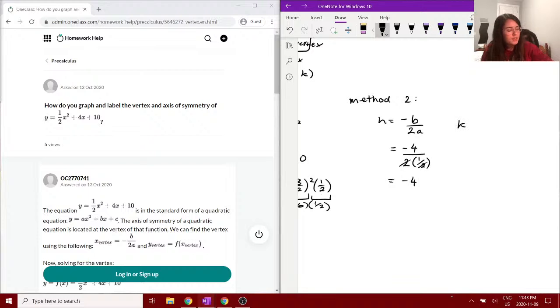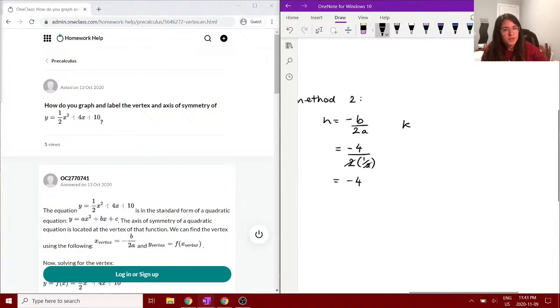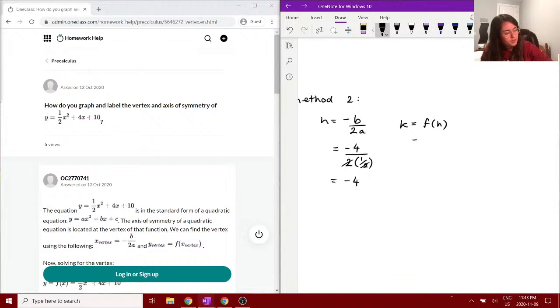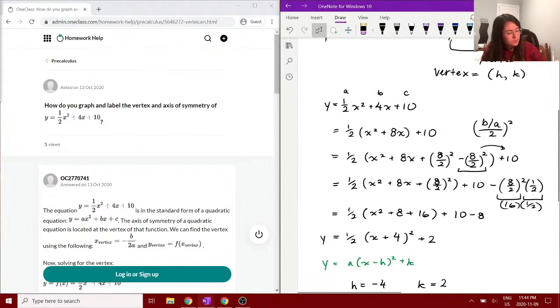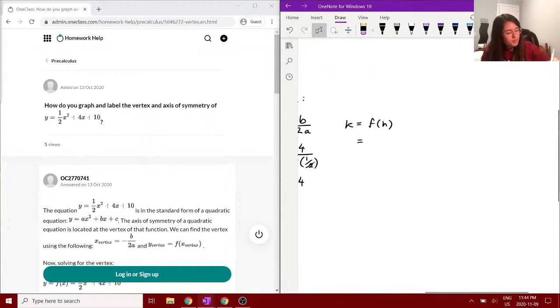And k is usually found by subbing h into the original function. So remember our function from before right here, we have 1/2 x squared plus 4x plus 10.